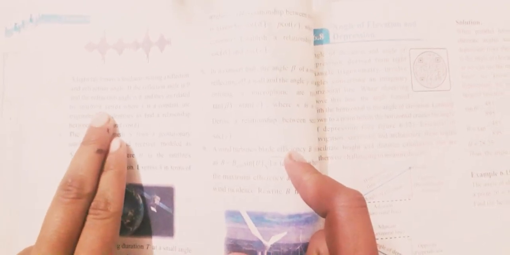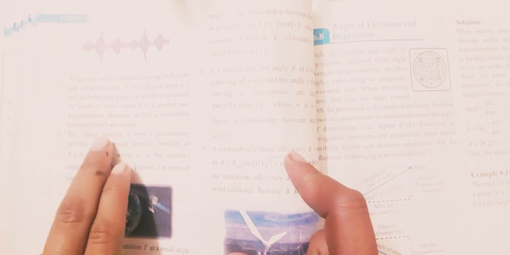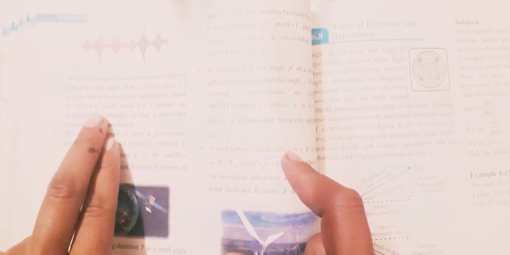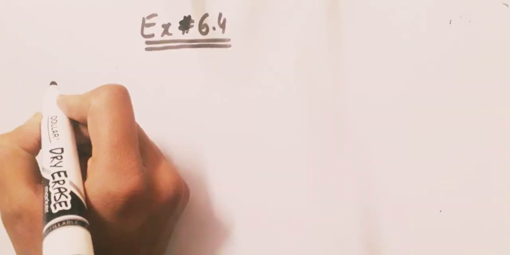Now in this question you have sine theta is equal to k sine phi and you have to convert sine theta in cos theta and sine phi in cos phi to make a relationship between these equations in terms of trigonometric identities. Now we will start.